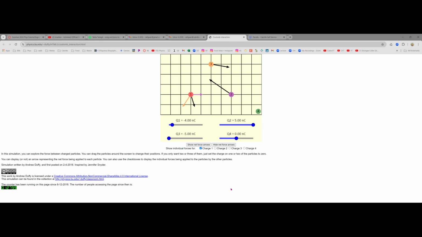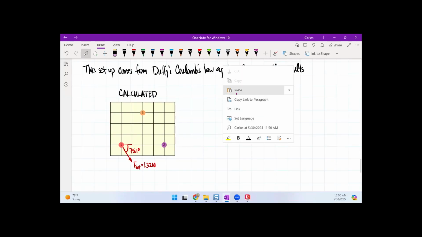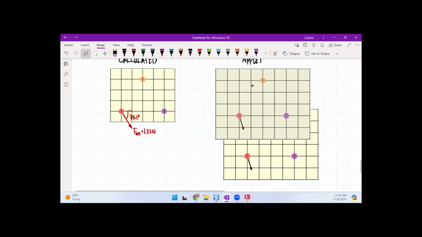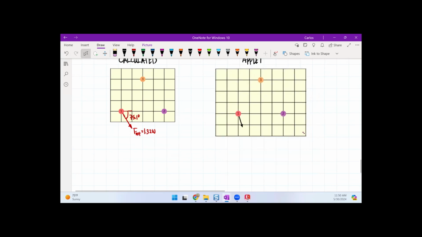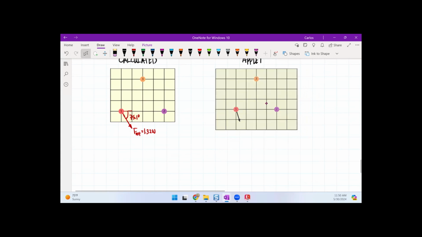But now if I change my image here just a bit, you'll see that this is what the Duffy app actually shows right here. And you could see that it matches up very well to what we actually calculated.